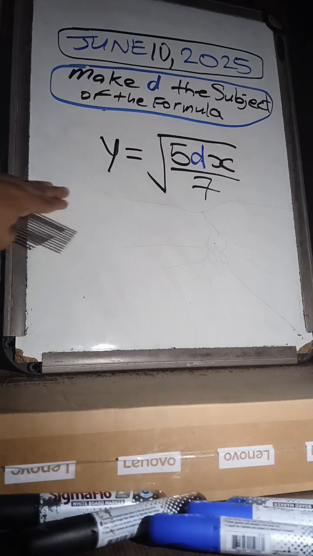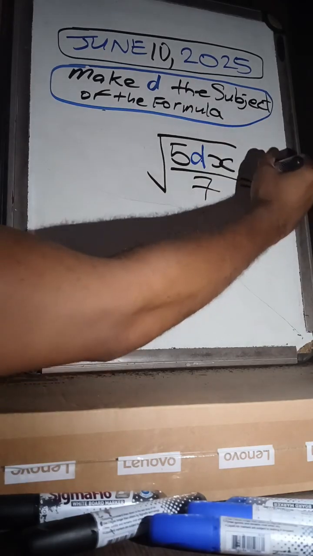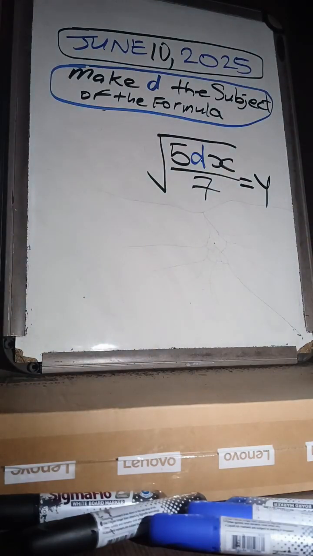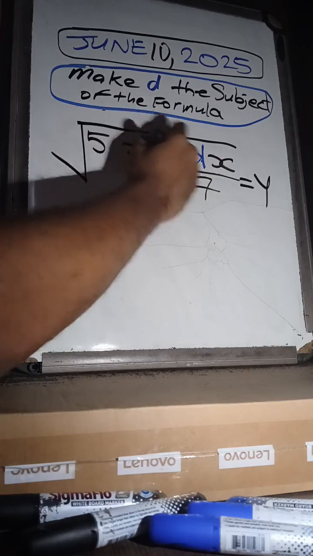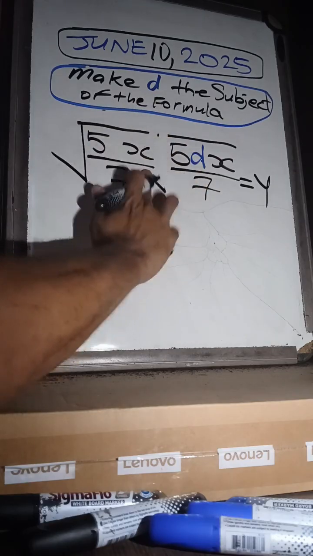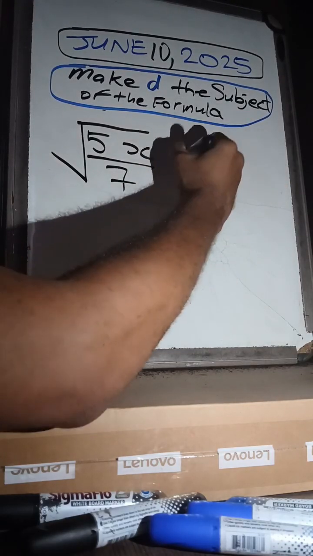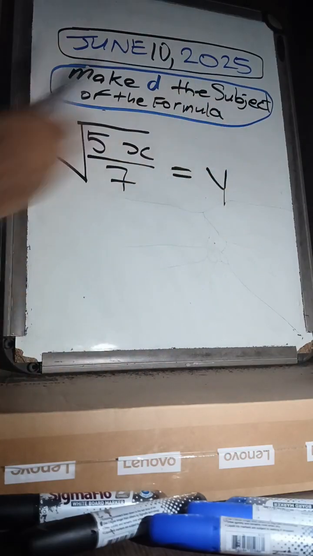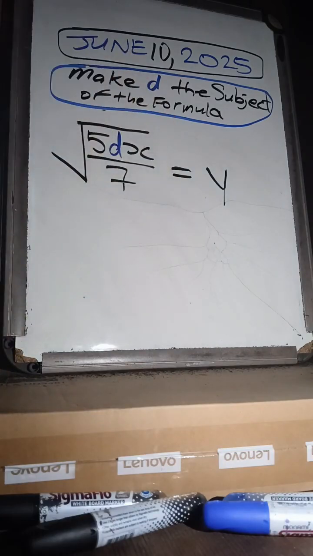So let's just do that. When you want to get rid of a square, you square root.